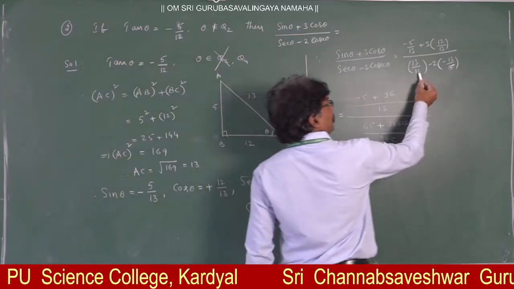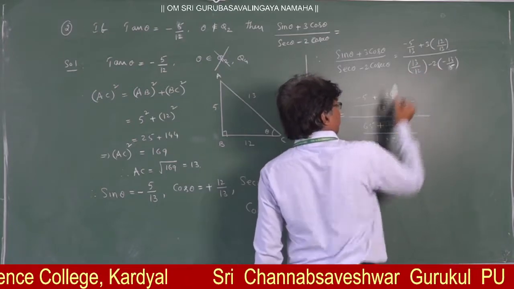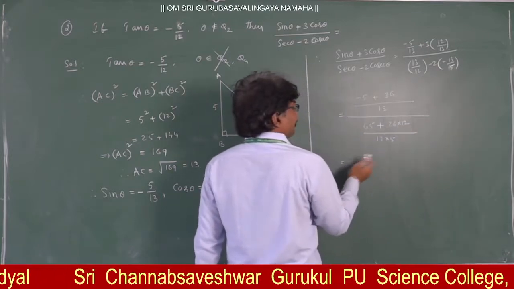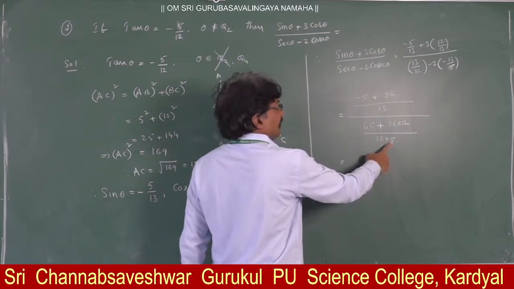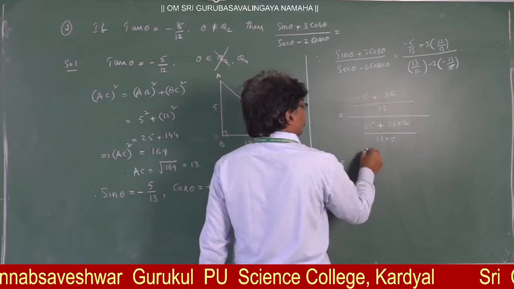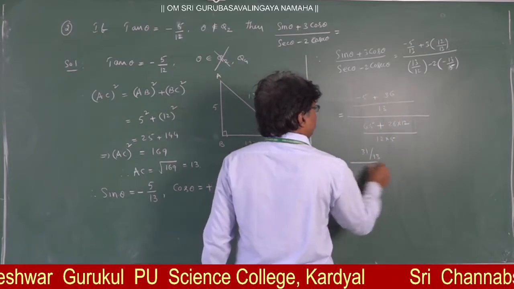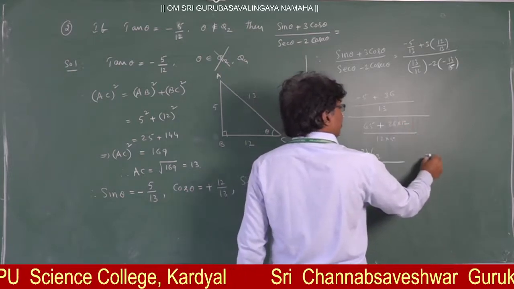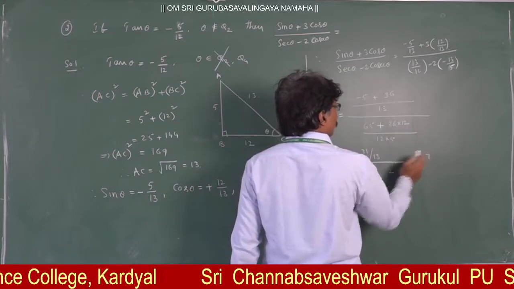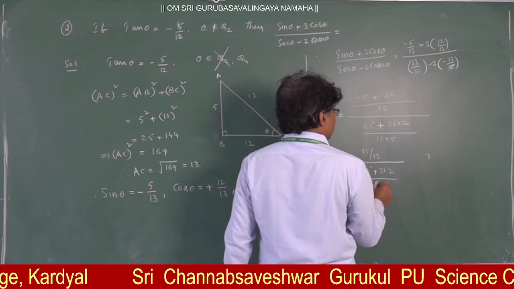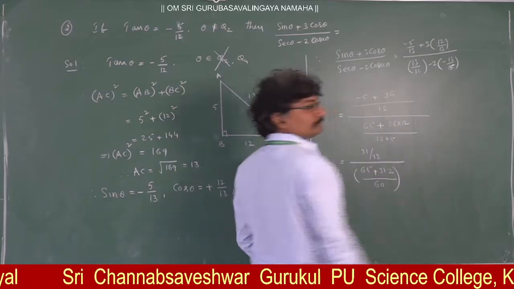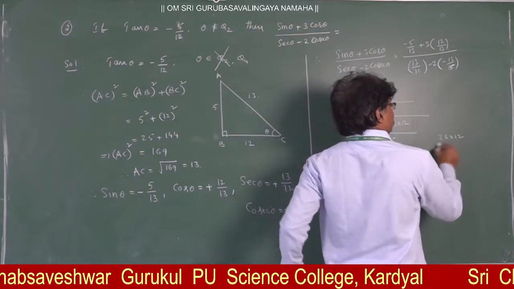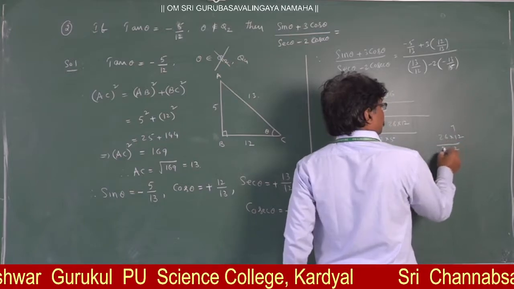Because LCM is 12 into 5, that is 60. 36 minus 5 is 31 by 13. Whole thing divided by 65 plus 26 twelves. 12 sixes are 72, 12 twos are 24, plus 7, 31 by 60.